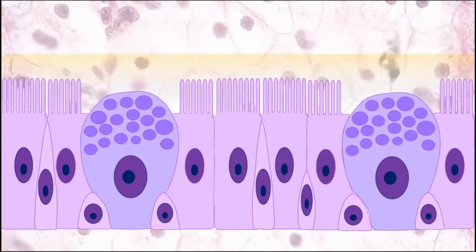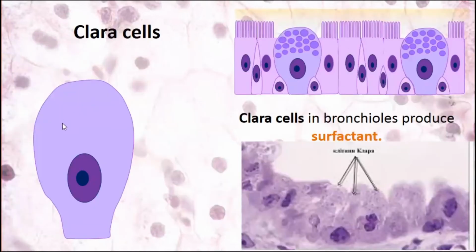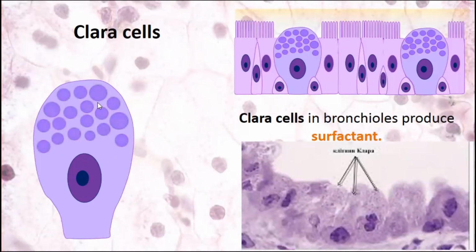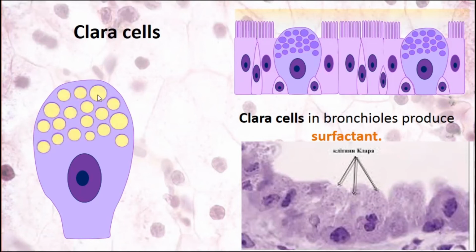It lines inner surface of the alveoli, and in bronchioles it also prevents their collapsing. So Clara cells produce surfactant. They have this shape and they have inclusions of surfactant. They are secretory cells, and surfactant prevents collapsing.